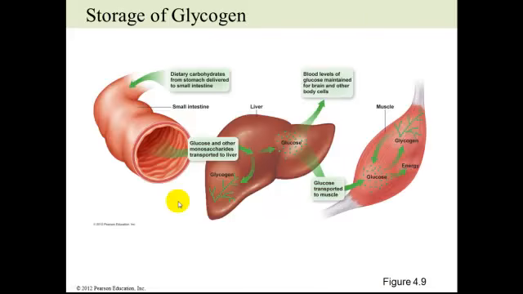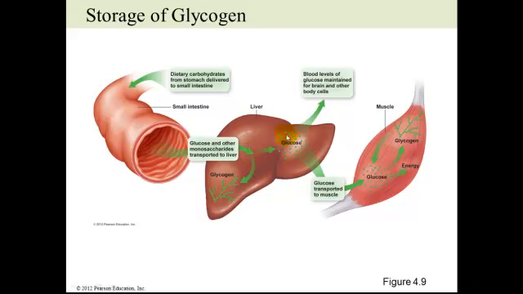Now in terms of the storage of glycogen, here we look at the small intestine. The dietary carbohydrates from the stomach come to the small intestine. Here's where we have those different enzymes, the maltase, sucrase, lactase, breaking those down into monosaccharides. The monosaccharides then travel to the liver. Here within the liver, those monosaccharides are converted to glucose.